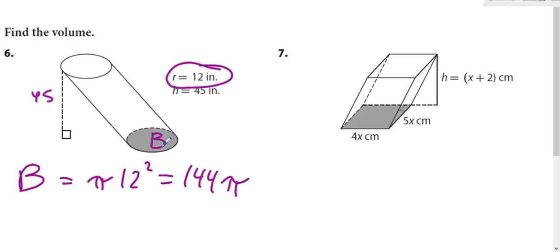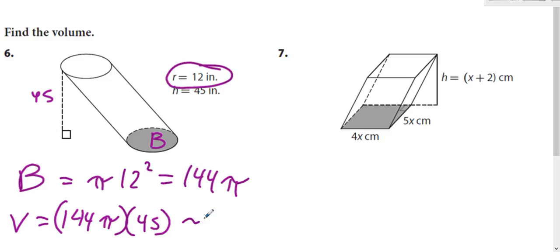Times the height is volume. So times 45. So 144 times 3.14 times 45, cubic inches.